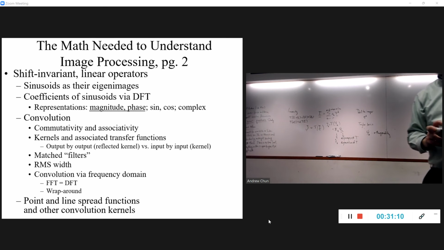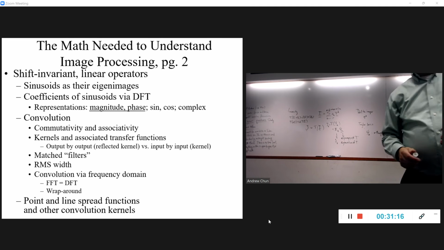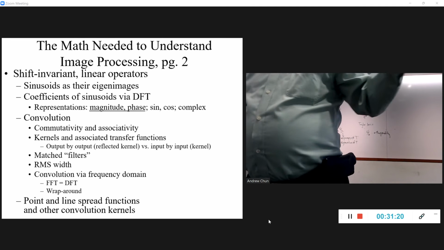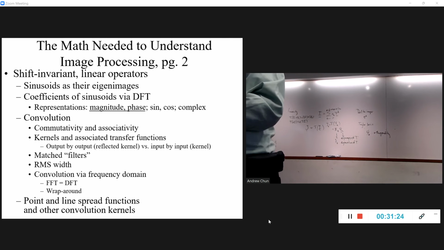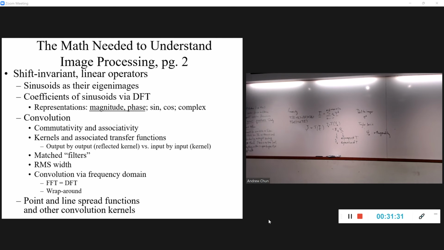And they're separable in the image direction, so you can understand things as sinusoids in the x direction multiplied by sinusoids in the y direction multiplied by sinusoids in the z direction in 3D.